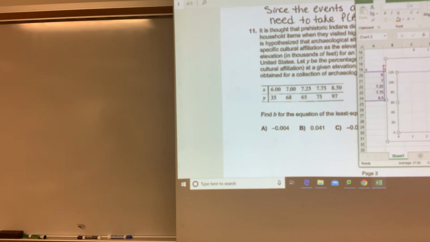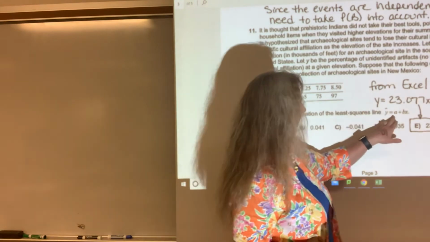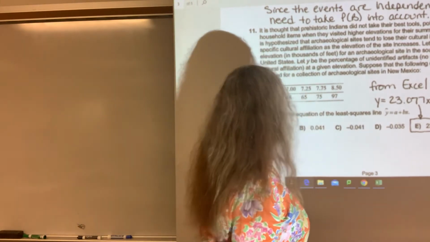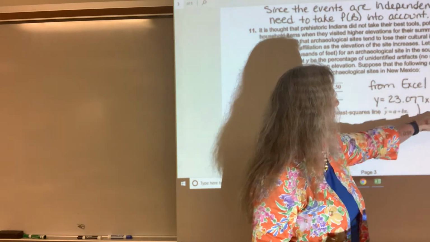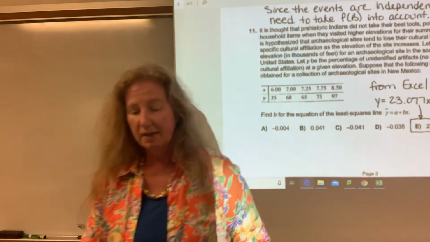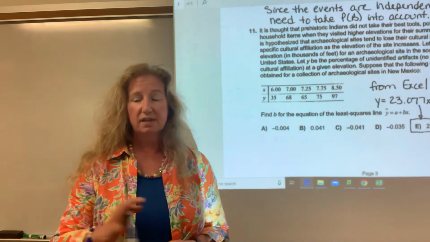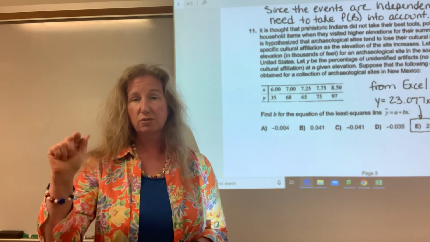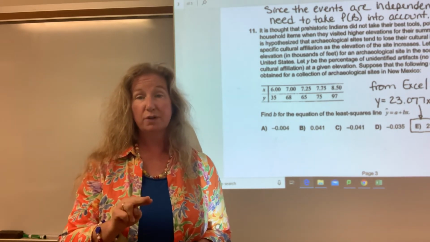So if I look at the question and I want to know the slope, because the way this is written out, y hat equals a plus bx, they want to know the b, so b is the part in front of the x. So this is the answer we got. Here is the slope. Remember, you can also do it on your calculator. You enter the data in edit, so you go to stat, edit, enter your data, and then 2-variable statistics.